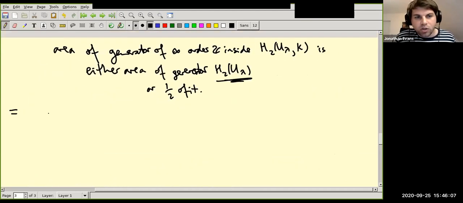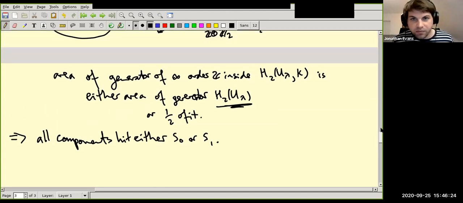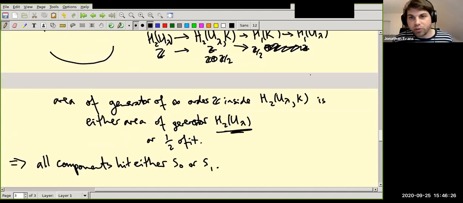So that says all components hit either S0 or S1. And there have to be 2 disks, right? We said that originally there has to be at least 2 planar components.